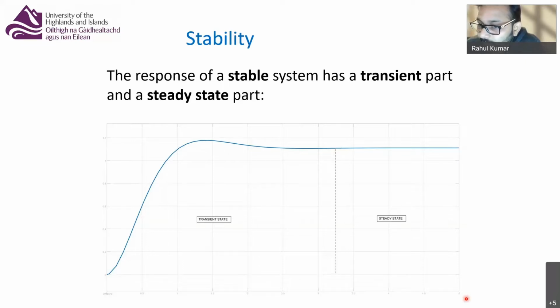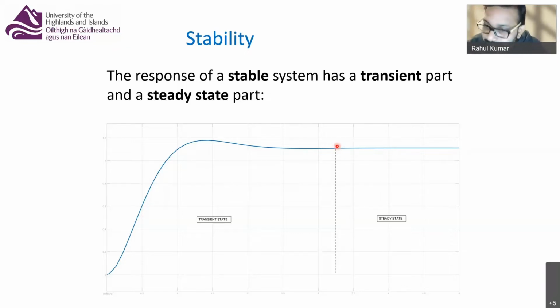Why am I highlighting this again? Because you have to wait for a certain period of time for your control system to produce a stable output. You can't just plug in your control system and start expecting a stable output. Let's say in this example, we have to wait for maybe 3 seconds or something like that. Only after those 3 seconds will you start getting a stable output.